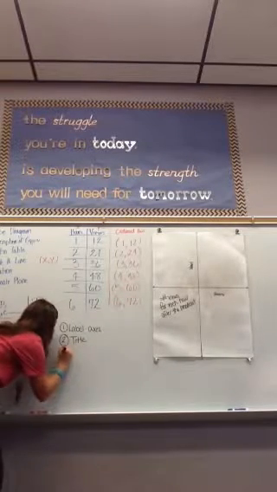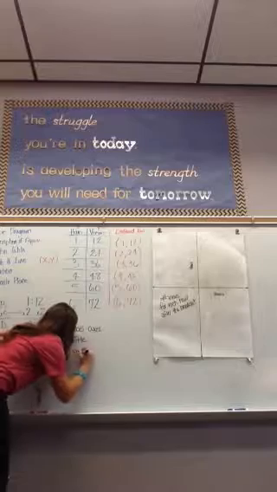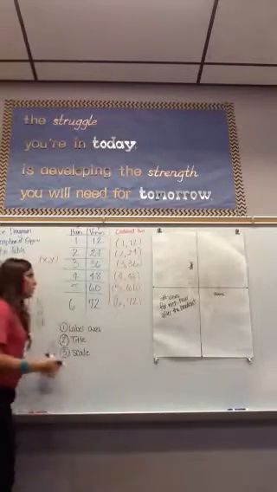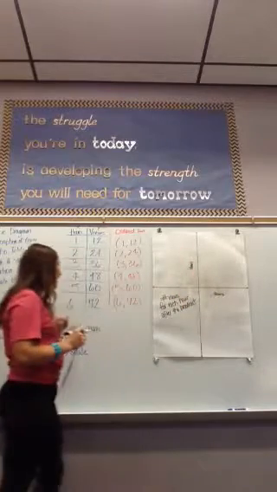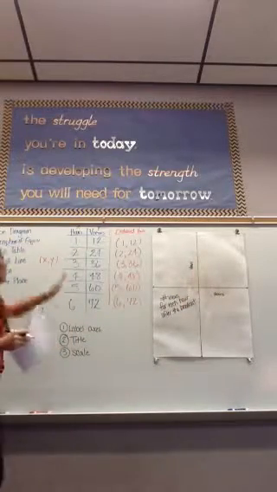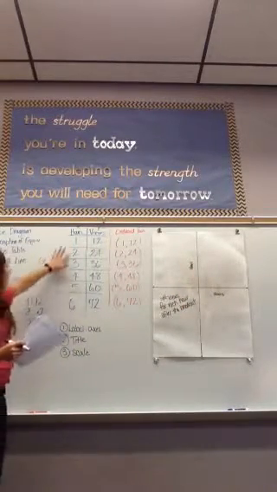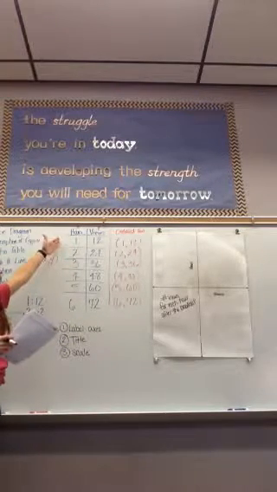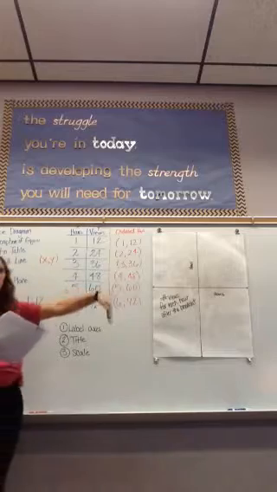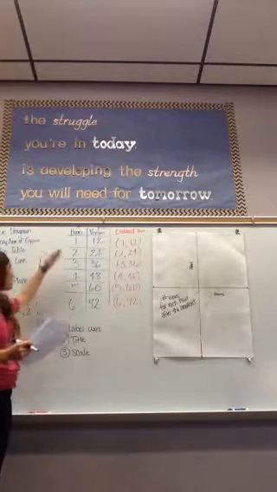I need to create a scale. The scale is the value for each space, and I'm going to have two, one for the x-axis and one for the y-axis. Looking at our x-coordinates, I'm going to see what we're counting by here. It wouldn't make sense for me to be counting by 100s or even 10s.